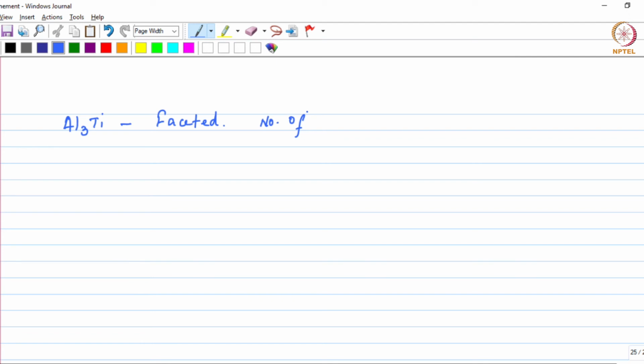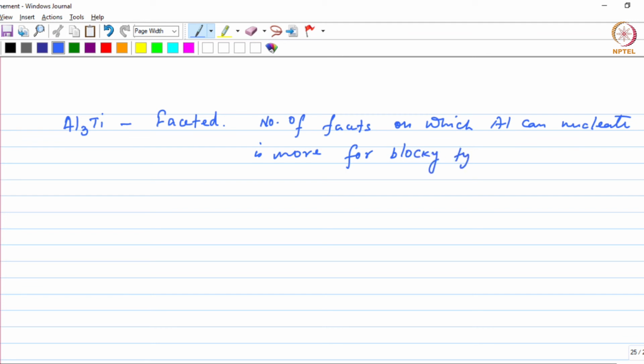For example, if you talk about a blocky kind of shape, the number of facets which can be offered for the nucleation of aluminium is more, compared to a plate-like morphology.